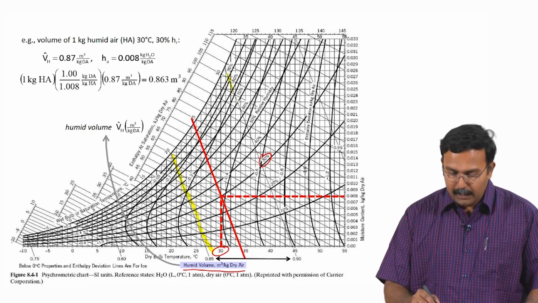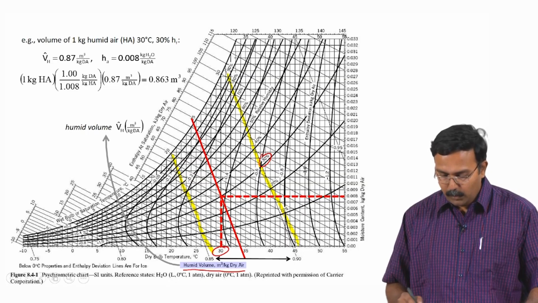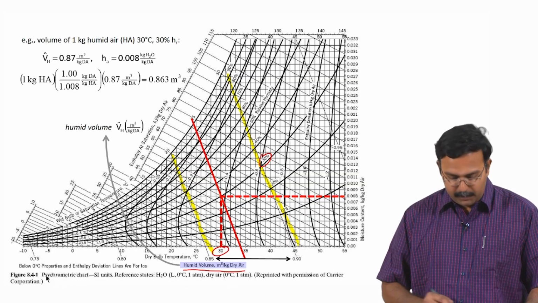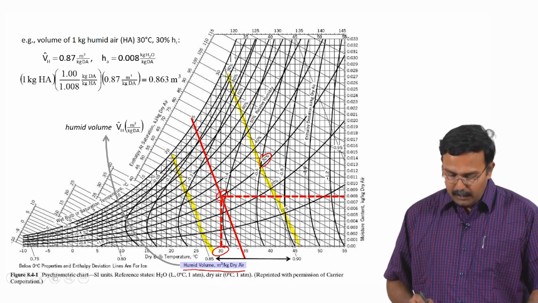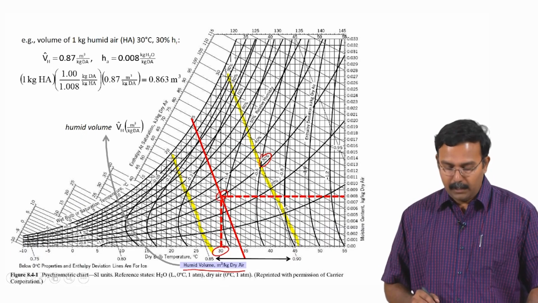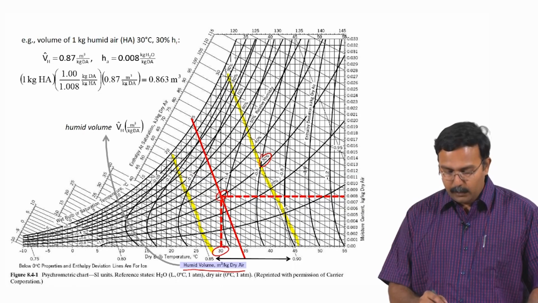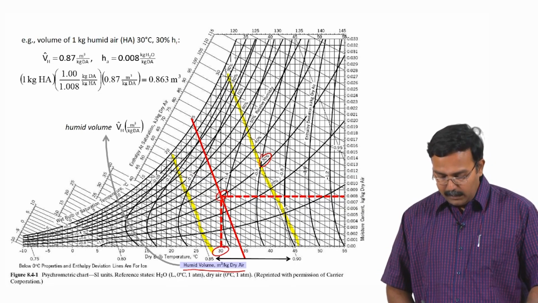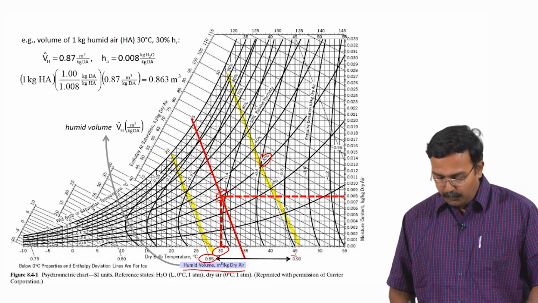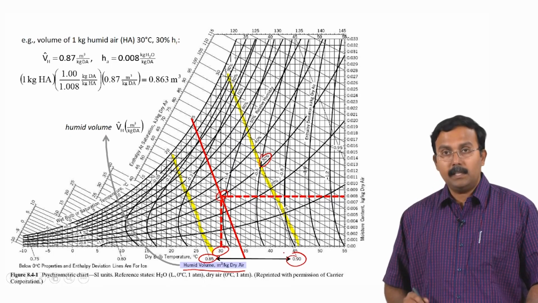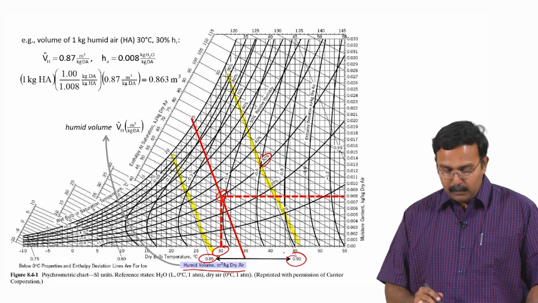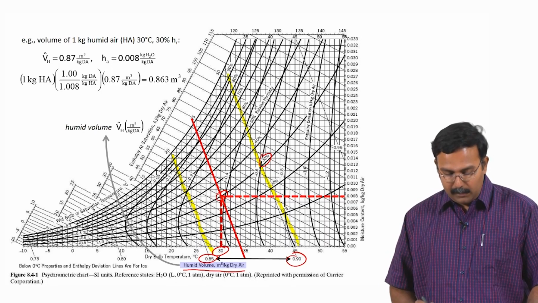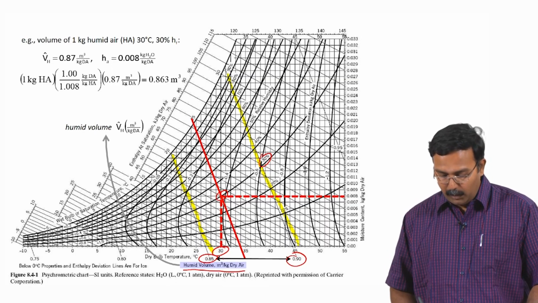You draw lines parallel to these two axes through the point of interest, which is 30 degrees Celsius and 30% relative humidity. When you do that, you get this line which falls between 0.85 and 0.9, which are the axes for your humid volume.